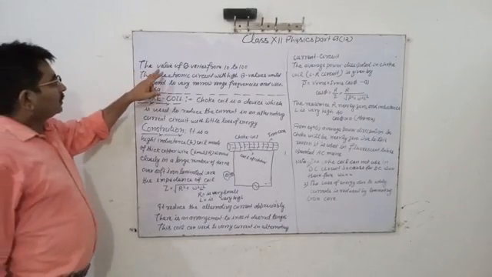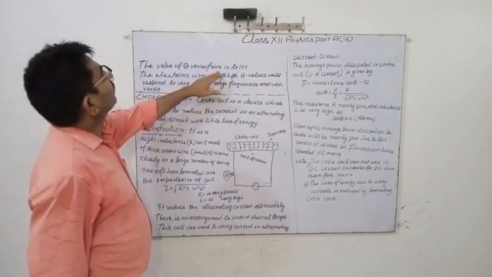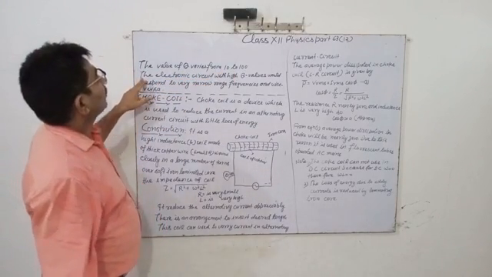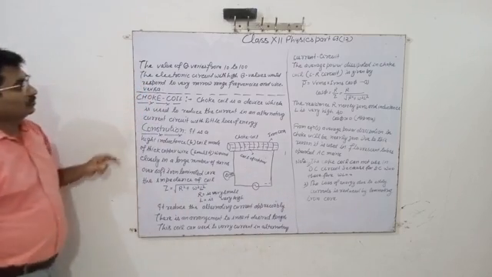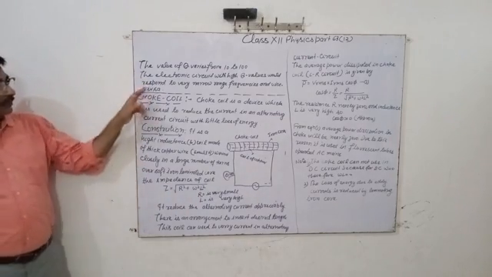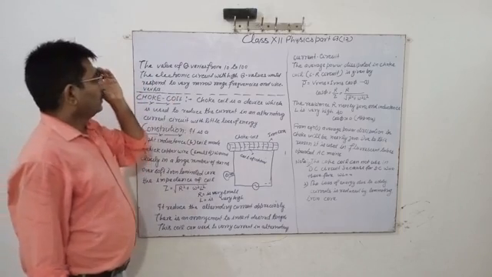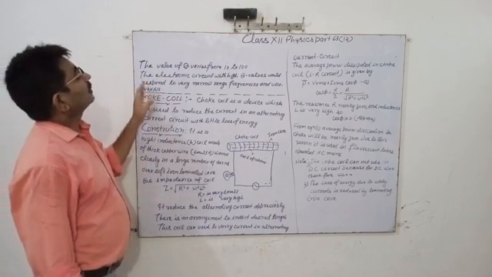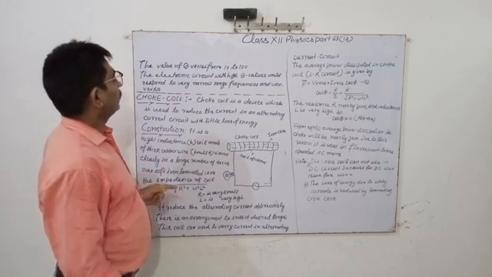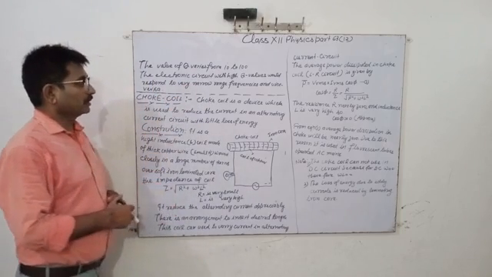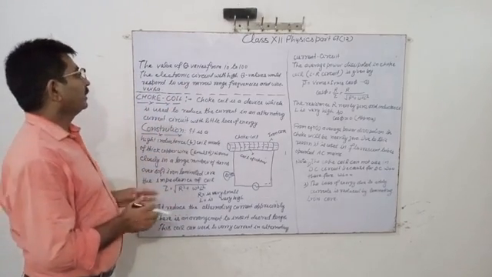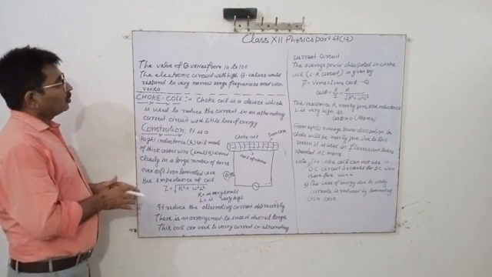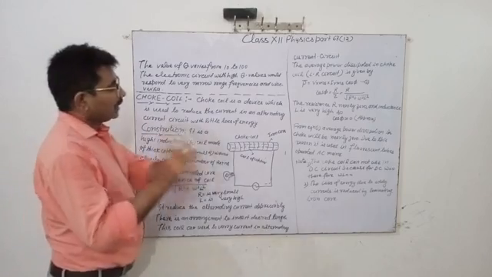The value of Q varies from 10 to 100. An electronic circuit with a high Q value would respond to a very narrow range of frequency, and vice versa. It means the range of frequency omega 2 minus omega 1 will be less, the bandwidth will be less, and the sharpness will be more, and that is more selective.